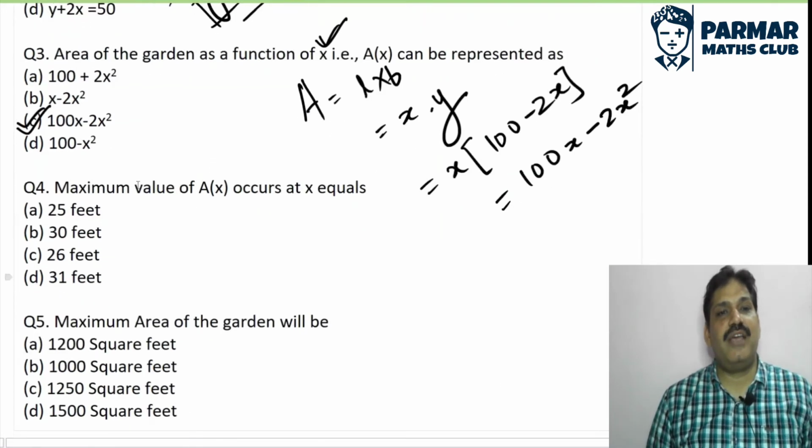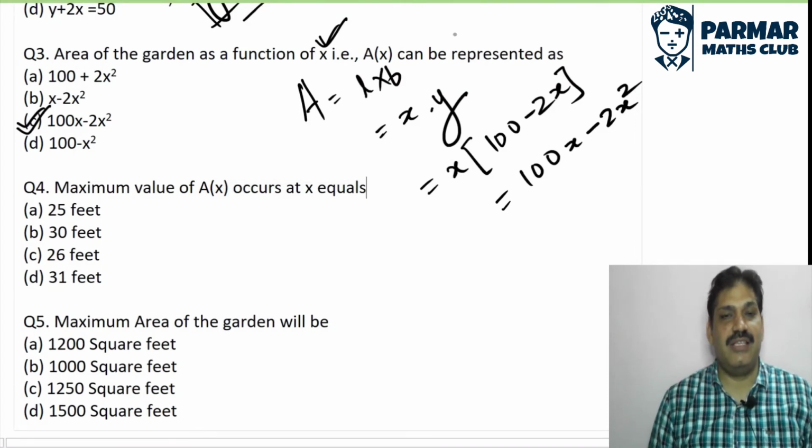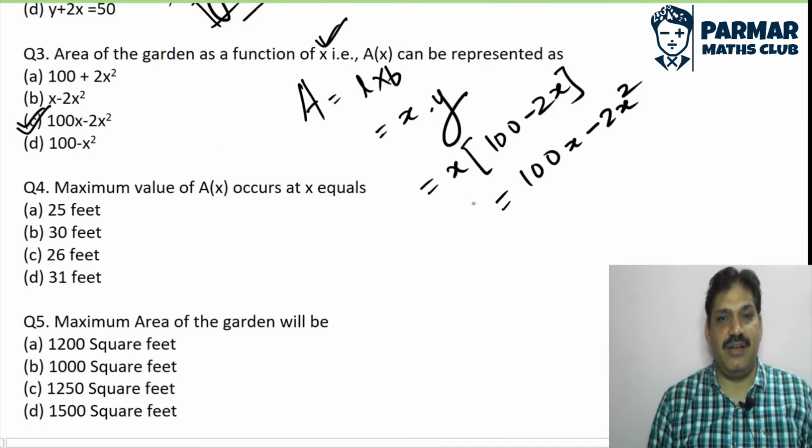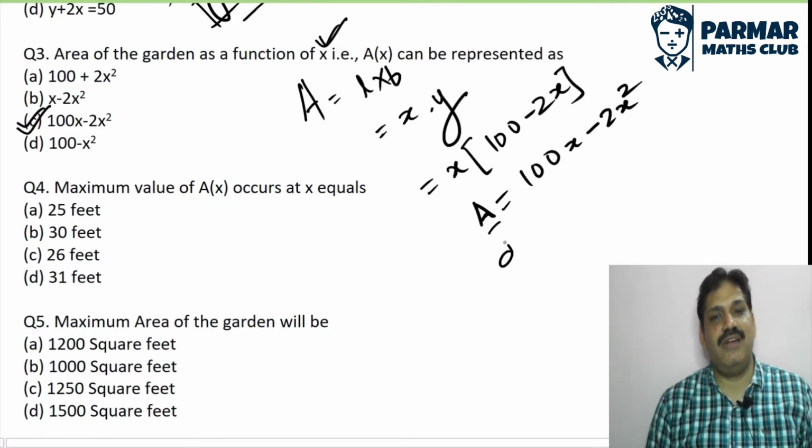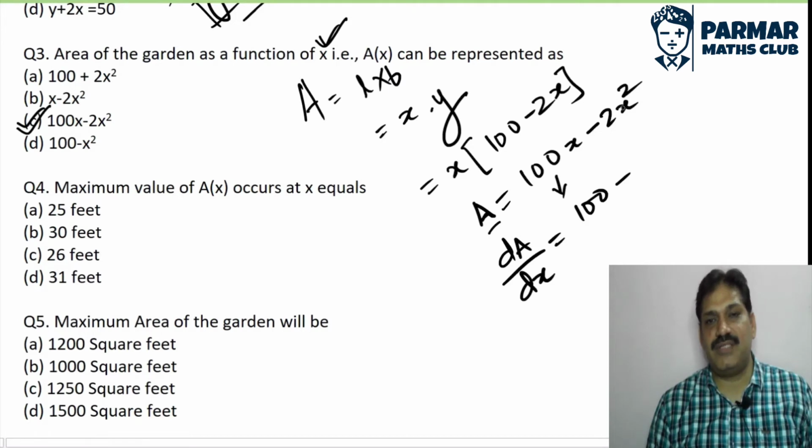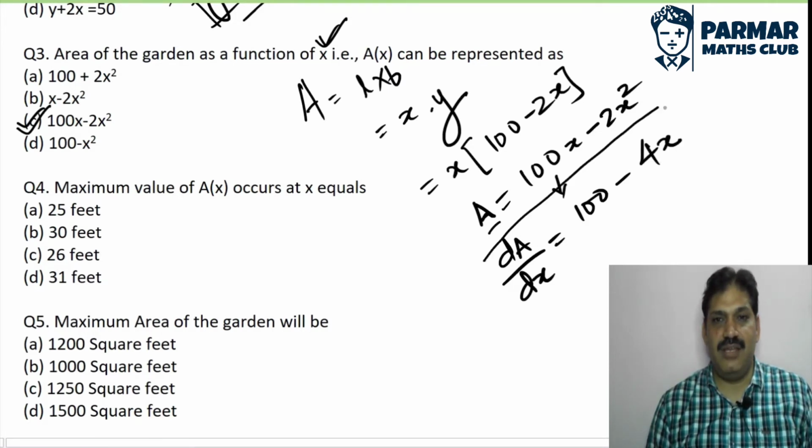Now the maximum value of A(x). Now we have represented area in terms of a single variable, and we are to maximize the area. To maximize the area, the first derivative dA by dx must be 0. So we find dA by dx. On differentiating, what do we get? 100 into 1 minus the derivative of x square, which is 2x, 2 twos are 4x. So this is dA by dx.